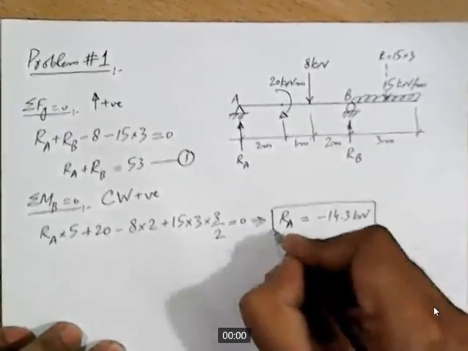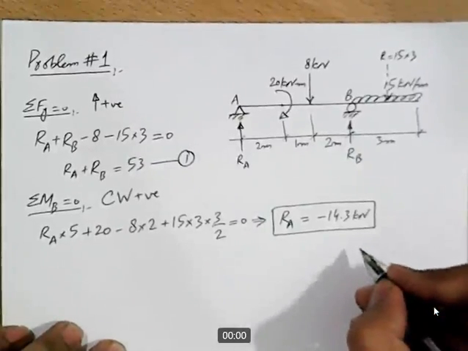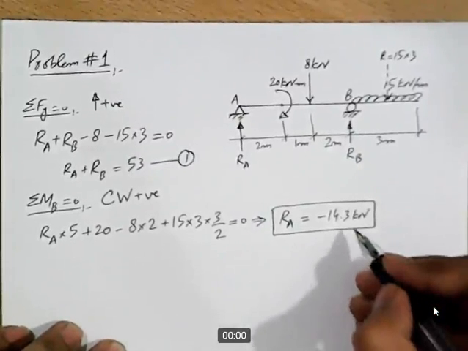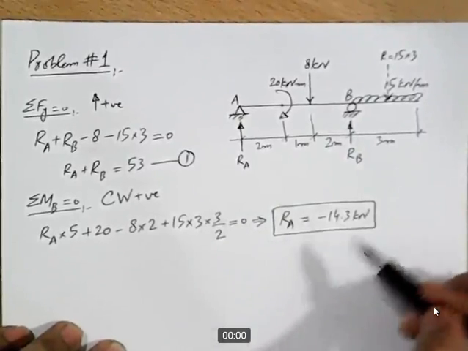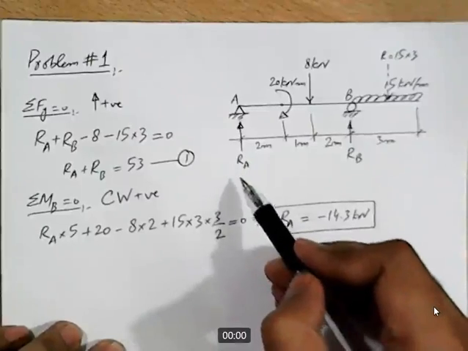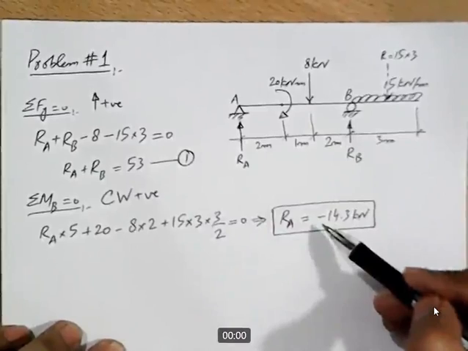This is the first time when our reaction has come out to be negative. Now what does it mean? Negative reaction means that the assumed direction of reaction is incorrect. We assumed RA to be in upward direction, but negative sign means that upward direction is incorrect.